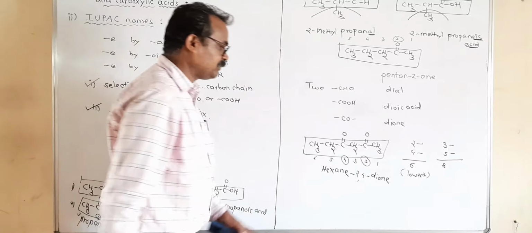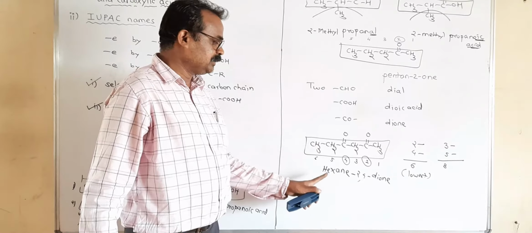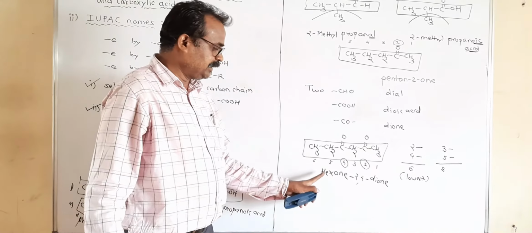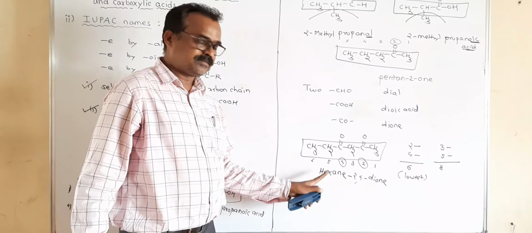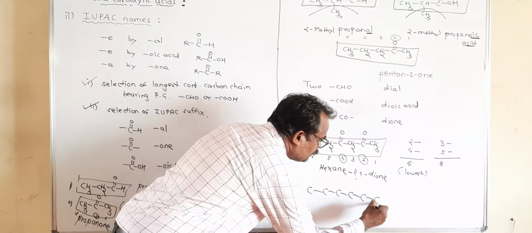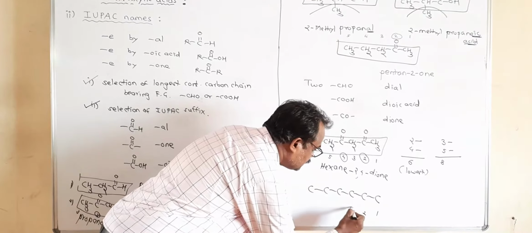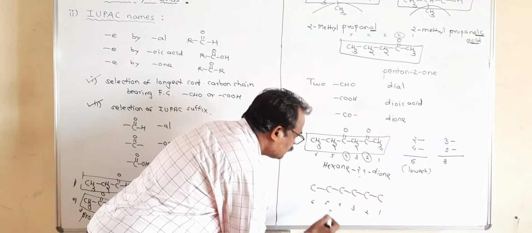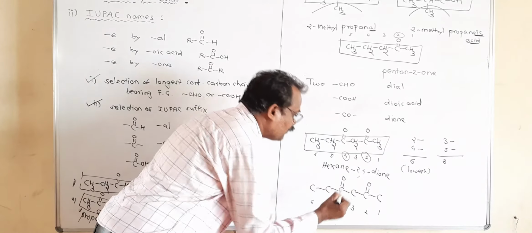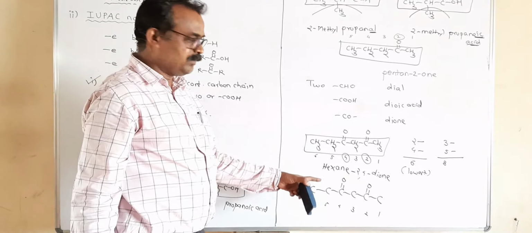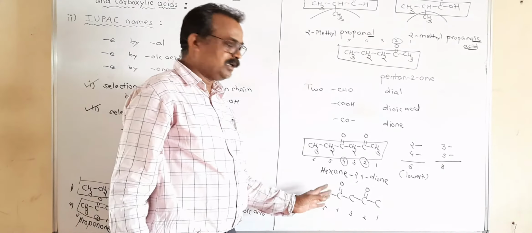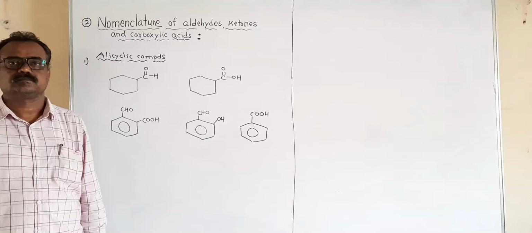So the IUPAC name of this ketone is hexane-2,4-dione. This indicates the compound is of 6 carbons, and if we number this chain, the CO groups are present at carbon 2 and carbon 4. So whatever name we write, that is correct. We can check by drawing the structure also.